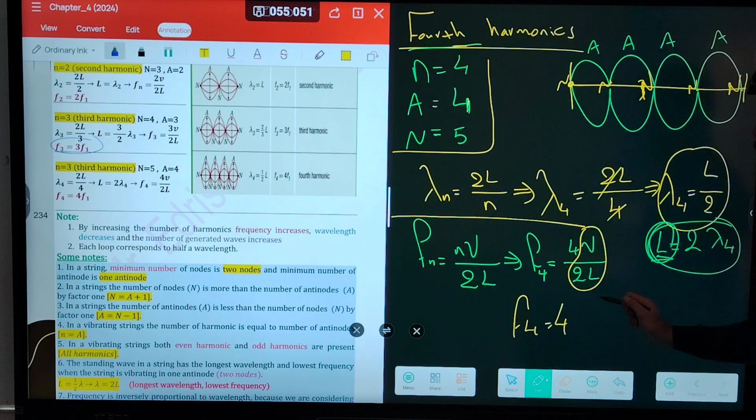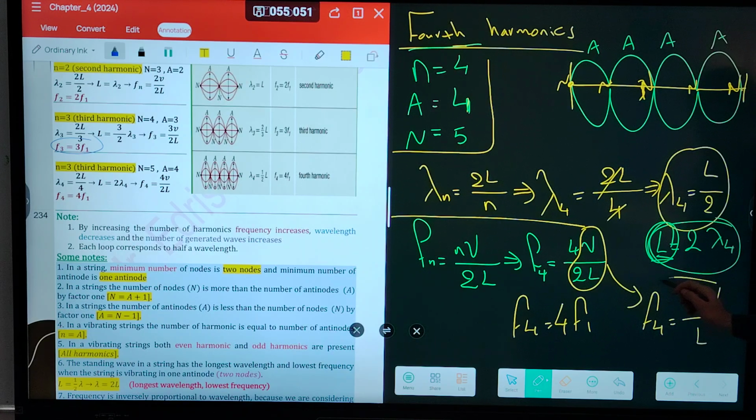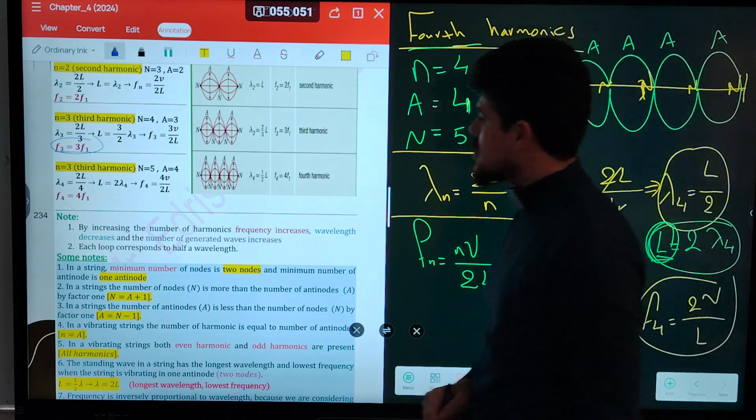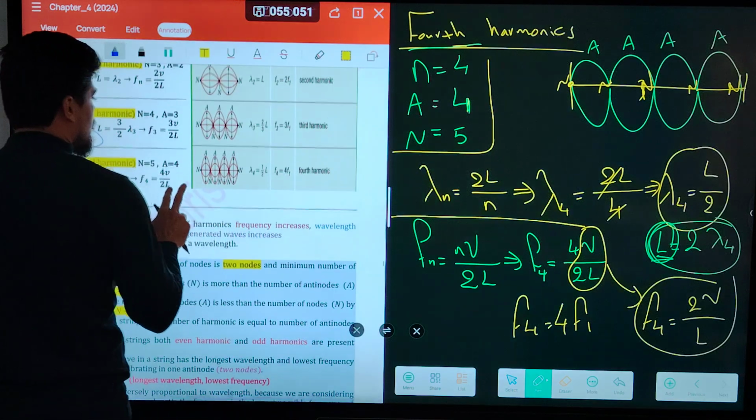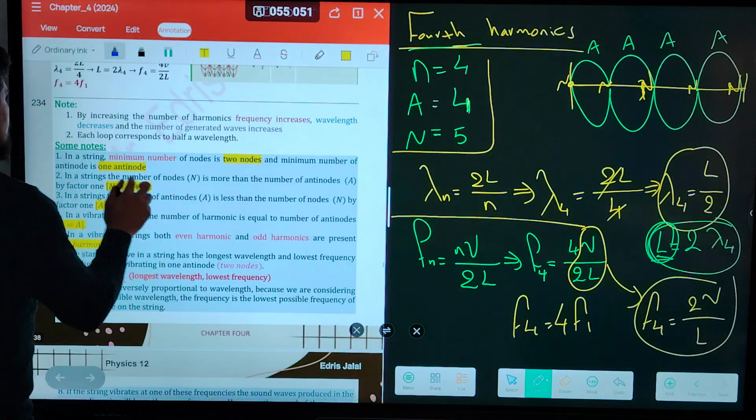What remains? V over 2L. V over 2L is equal to F1, yes. And also according to basic math, you can simplify F4. It's going to be what? 2V over L. In which harmonic is frequency equal to 2V over L? In the fourth harmonic, when the string vibrates with 4 antinodes and 5 nodes.